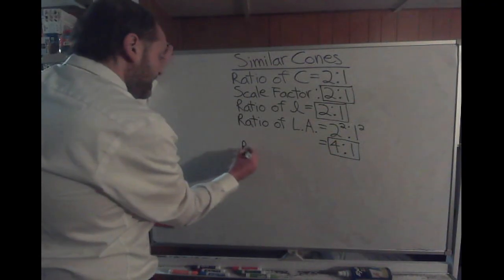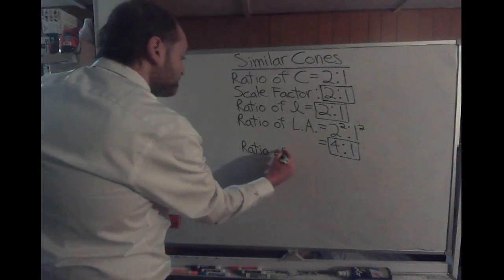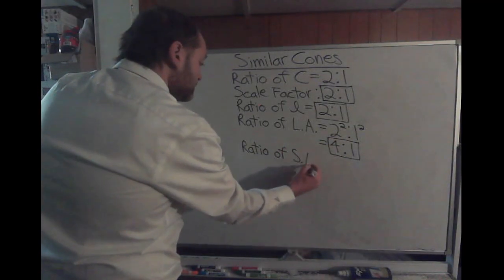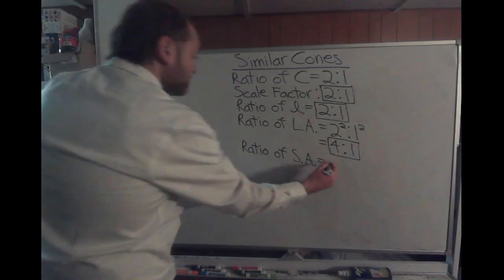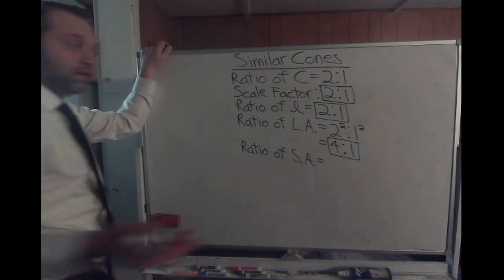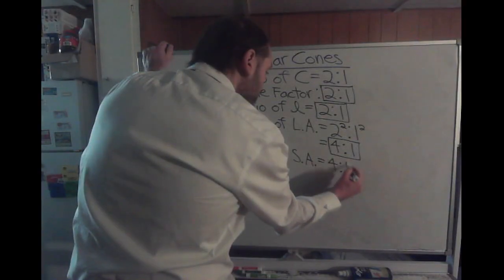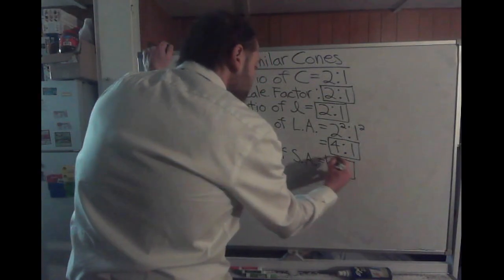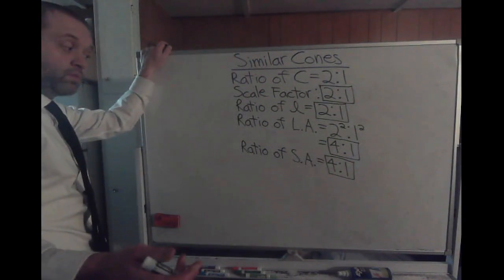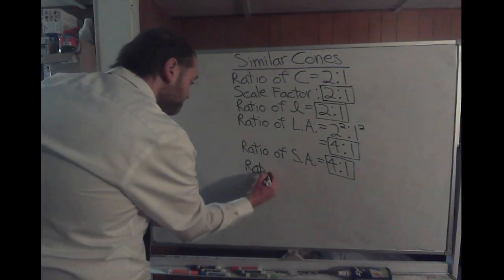Next you're asked, what about the ratio of the surface areas? So we're going to find the ratio of the surface areas. Well, again, as far as ratios are concerned, area is area. It's going to be the exact same as that of the lateral area. So the ratio of the surface areas would also be 4 to 1. Now what about the ratio of the volumes?